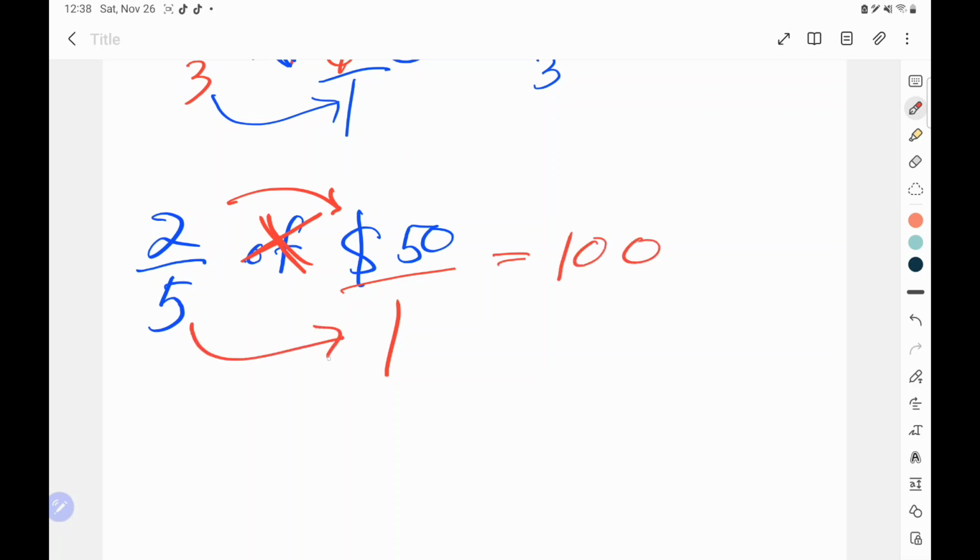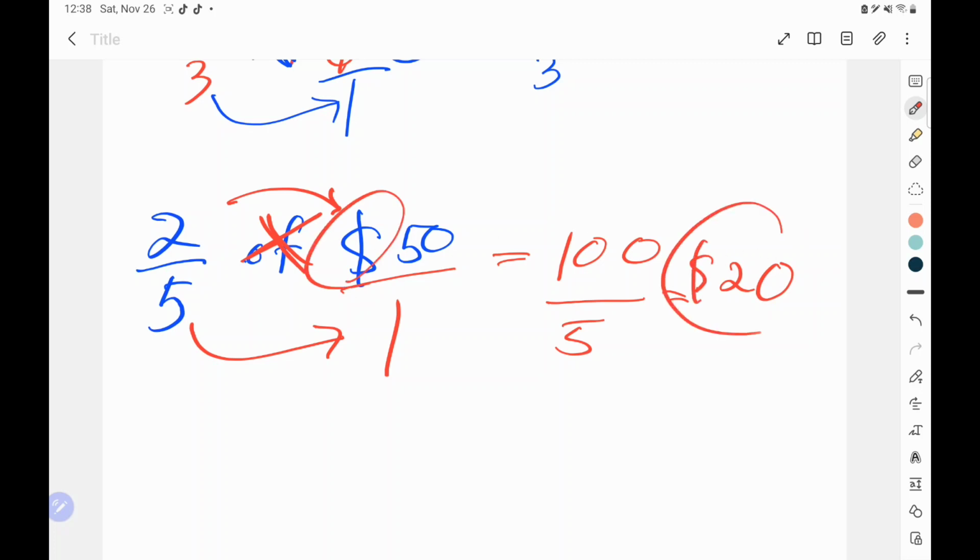And then 5 times 1 is equal to 5. And then 100 over 5 is the same as 100 divided by 5, which is equal to 20. And the unit there is dollars. All right, so that means 2/5 of 50 is $20.